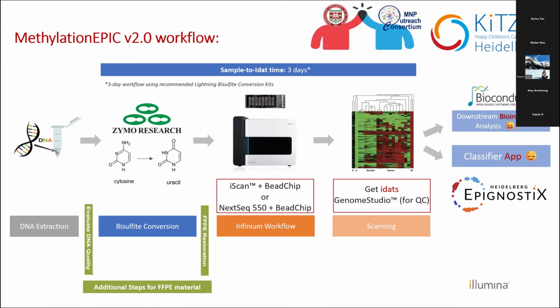I'm mentioning this because we keep getting questions regarding we don't have a bioinformatician in our institution. This is not a problem any longer if you're using the classifier. And basically the only way to make sense of methylation data of CNS tumors or sarcomas is to compare them against the reference set, so you would need the classifier anyway.